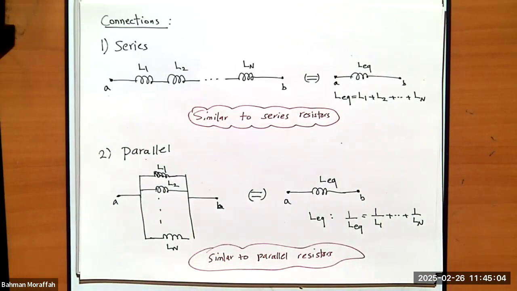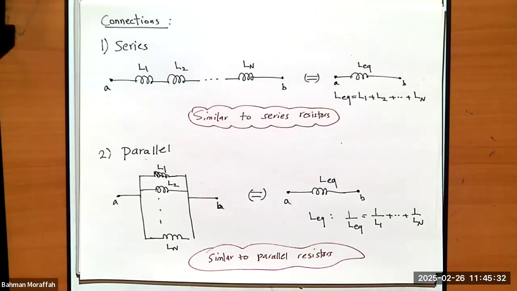This is not very difficult. What's very, very, very important is that all these equations that we have for resistors, capacitors, and inductors are only true if we look at, for example, a resistive circuit, a circuit with only capacitors, and a circuit with only inductors.